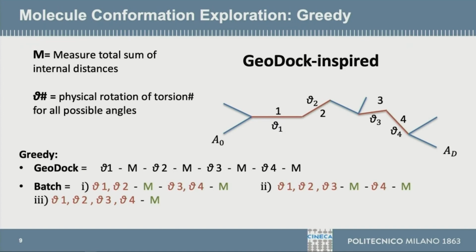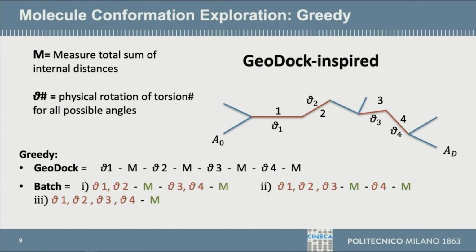The first variant is the original GeoDoc, where we try all the possible combinations for the first rotatable bond, find the optimal angle for it, and then proceed to the second one, the third one, and the fourth one.